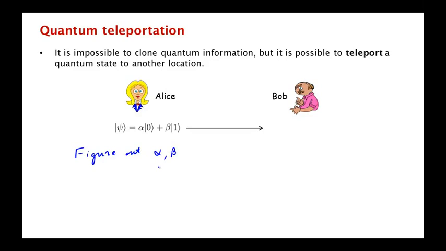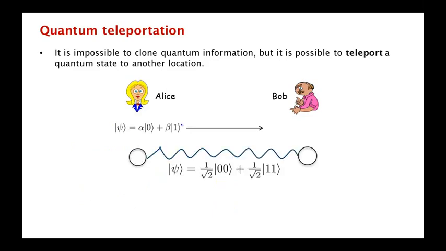And if she measures the state, she does not really get alpha and beta. What she sees is 0 with probability alpha squared and 1 with probability beta squared. Moreover, as soon as she does the measurement, the new state is whatever she saw. And so she can't repeat the experiment. So if she has only this one copy of the state, she really cannot figure out what alpha and beta are. So what is she to do?